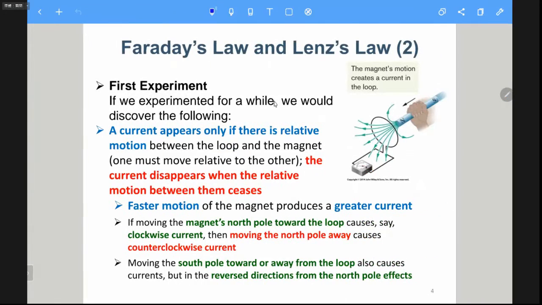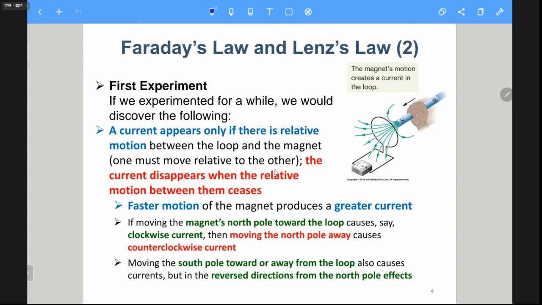It continues to say a current appears only if there is a relative motion. Relative motion means the motion between this magnet bar and this loop. One must move relative to the other, which means that if you just hold the magnet bar there and then move the loop toward the magnet bar, there will be a sudden current.